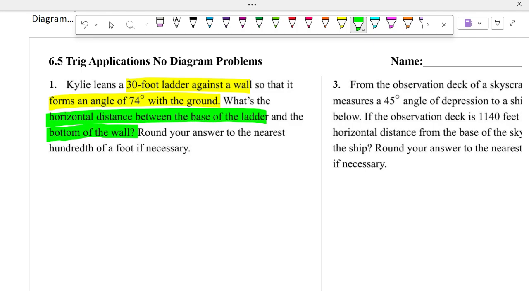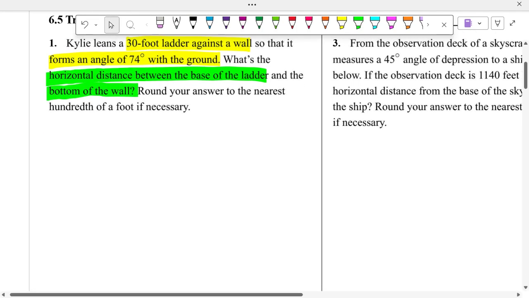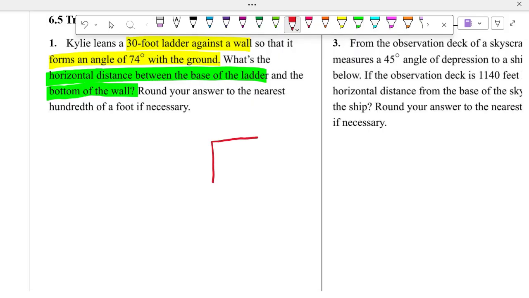All right. So let's just draw the scenario that's going on. So we have some wall right here. All right. The ground's right here. And then we have a ladder being leaned against that wall.